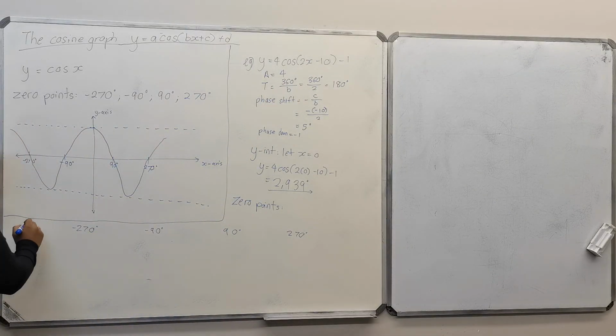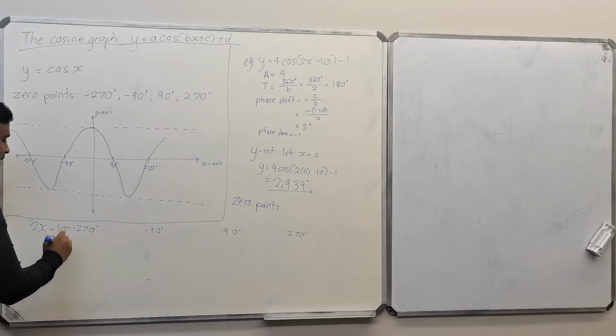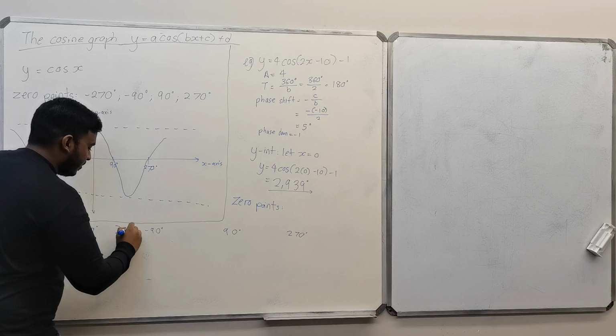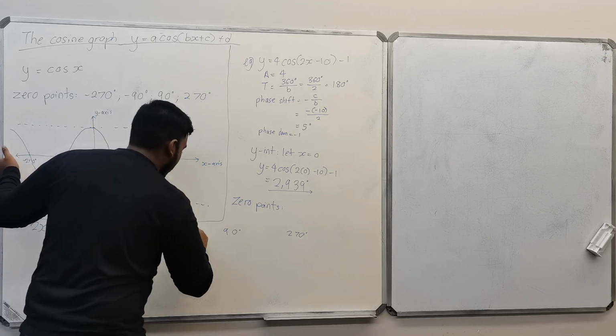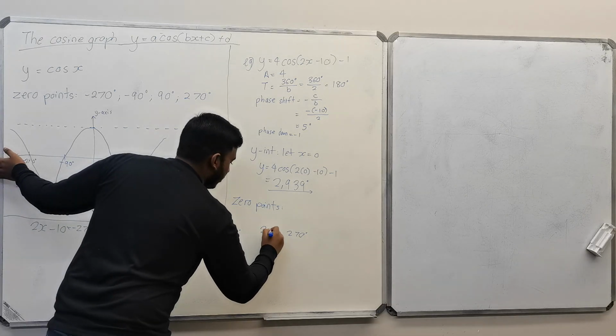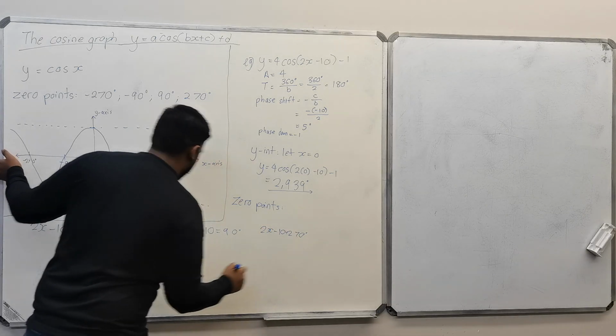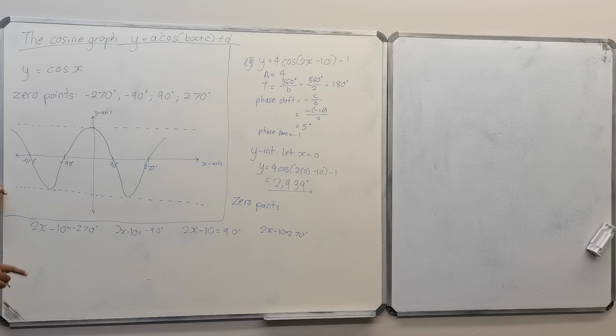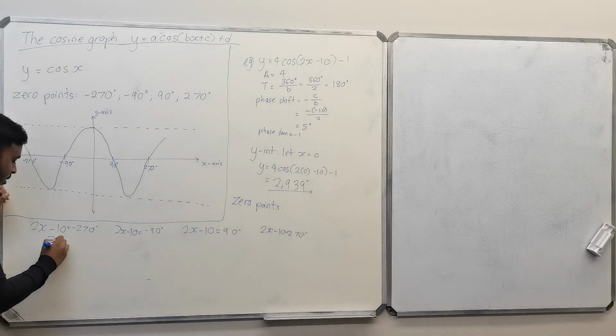Okay. So then you'll say 2x minus 10 is equal to the 0 points. If you take negative 10 across, you're going to end up with positive 260, divided by 2, 130.